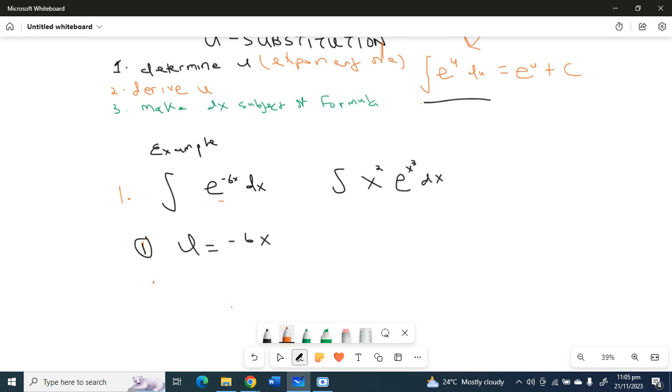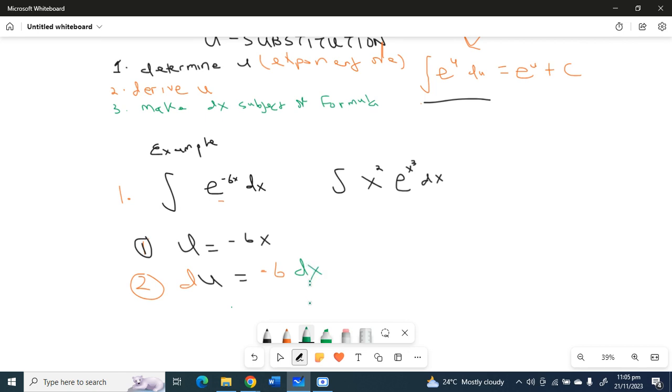Step 2, we need to derive u. So we're going to say du, so that we're deriving u, equals, if you derive negative 6x, you get negative 6 using the power rule of differentiation. Then after you derive, always include a dx.